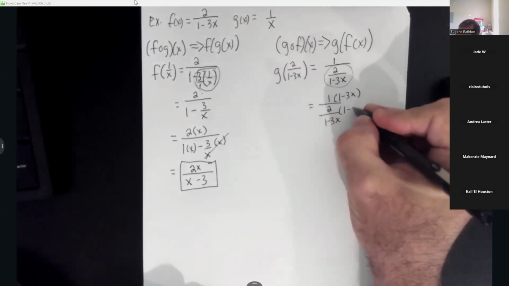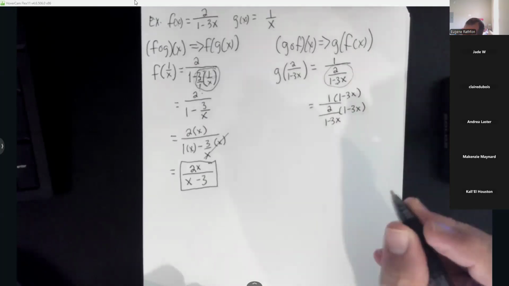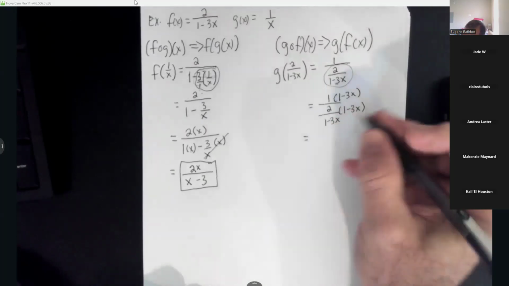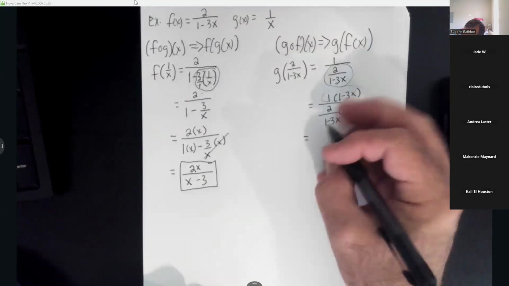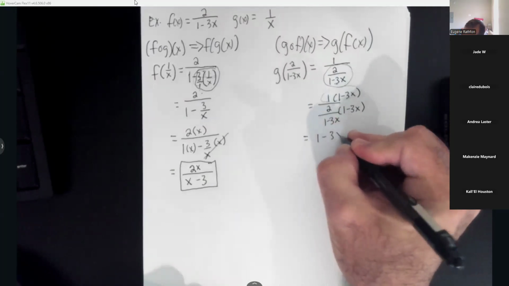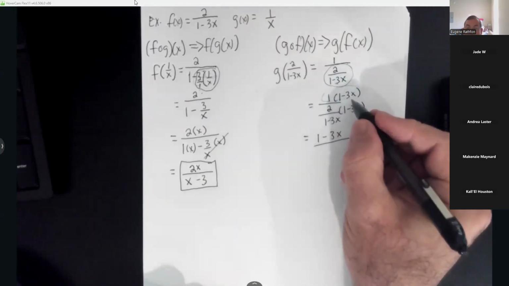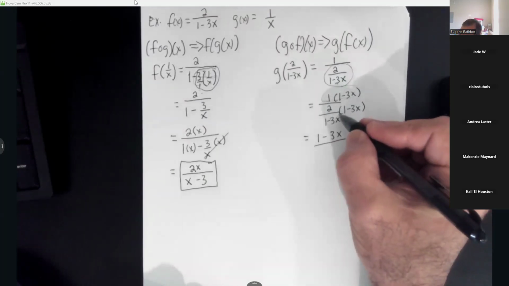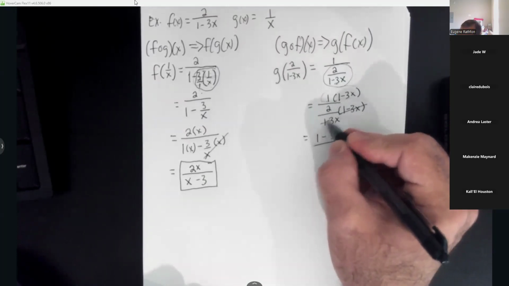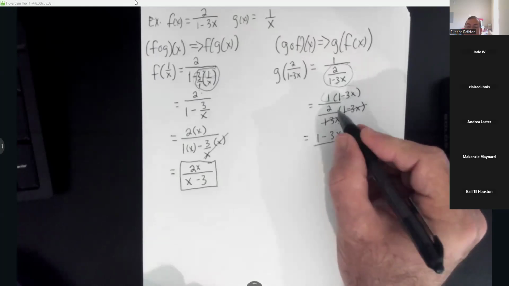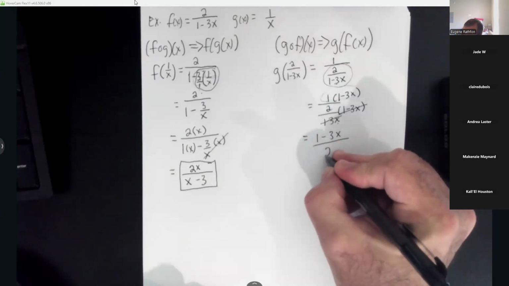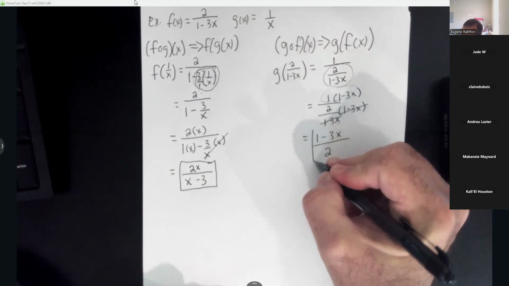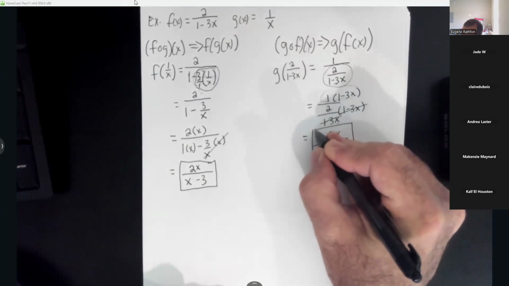And then on bottom, multiply that one by 1 minus 3x. On top, multiply, you get 1 minus 3x. Because 1 times anything is the anything. Now remember on the bottom what happens, that 1 minus 3x canceled with that 1 minus 3x, leaving a 2. At that point, we have our fraction.